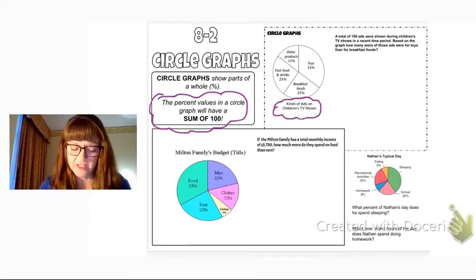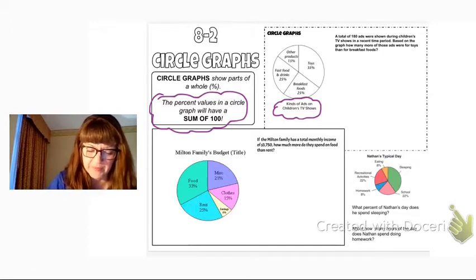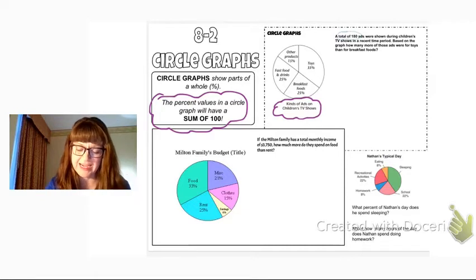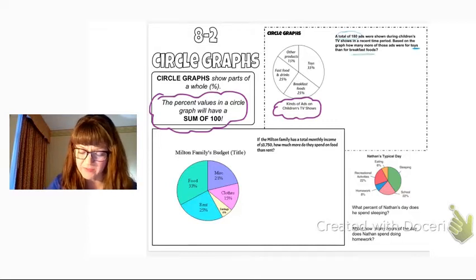The question says a total of 180 ads were shown during children's TV shows in a recent time period. Based on the graph, how many more of those ads were for toys than for breakfast foods? We want to focus on ads for toys and ads for breakfast foods.